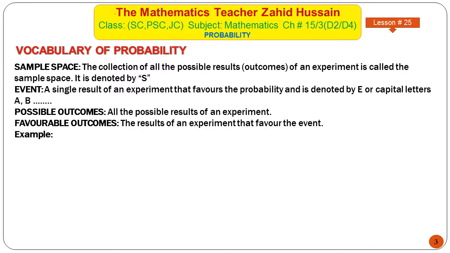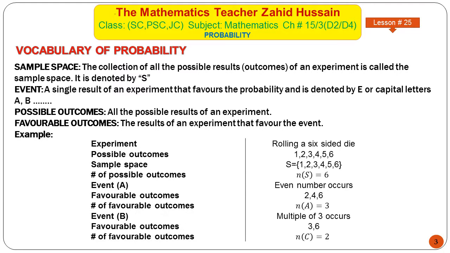Example of all these definitions. The experiment is rolling a six-sided die. What are the possible outcomes of this experiment? 1, 2, 3, 4, 5 and 6. What will be the sample space? It is the collection of all the possible results. So S = {1, 2, 3, 4, 5, 6} in the form of a set.